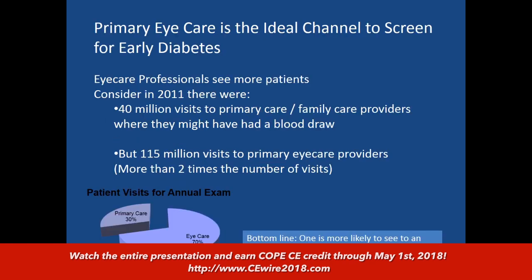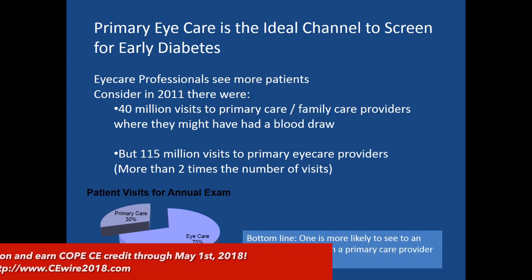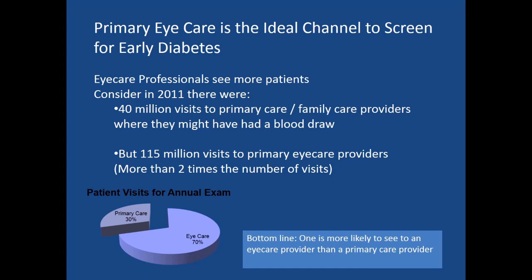And this is a slide that I often show in many of my presentations, and I did show it last year, but it's just to bring home the point that there's about 115 million visits to primary eye care providers per year, where there's only about 40 million visits where people go to family practice or internists where they would have their blood drawn.